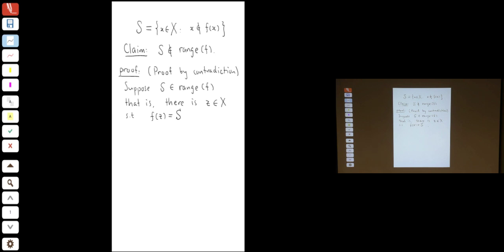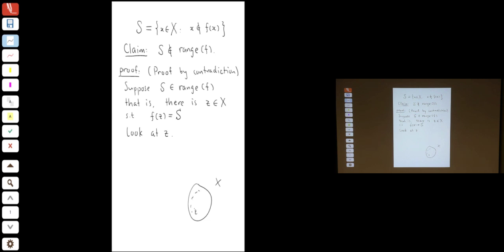Okay. So now here we get a contradiction. Now look at z. So z is in X. So the picture is here. I have X here, and you have z, some element here.